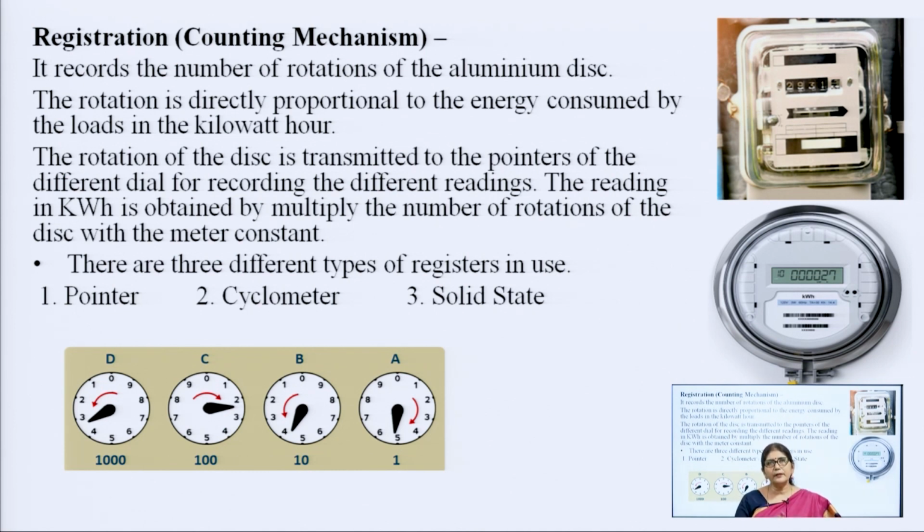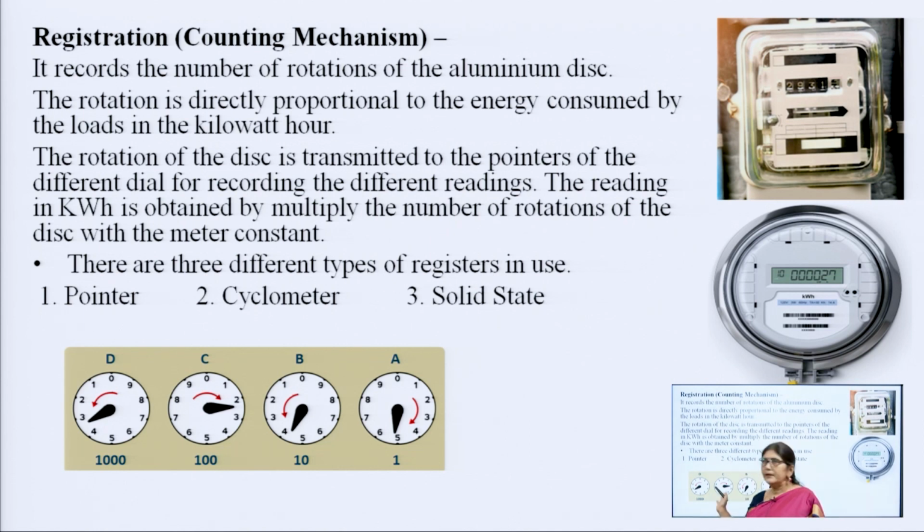So, registration is a very important part. Basically it records the number of rotations of the aluminum disc. As we know, the rotation is proportional to the energy consumed by the load in kilowatt hours. There are three types of registration units: the pointer type, cyclometer type and the solid state type.